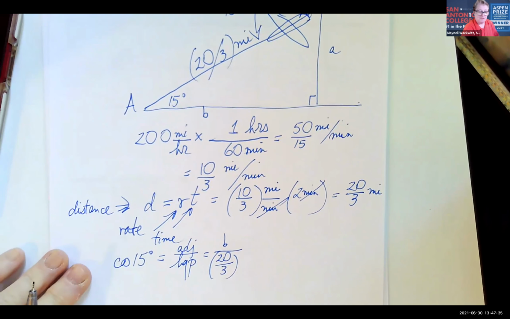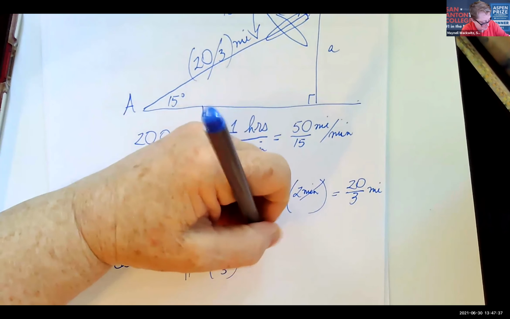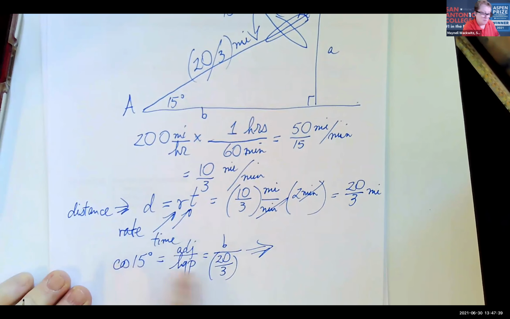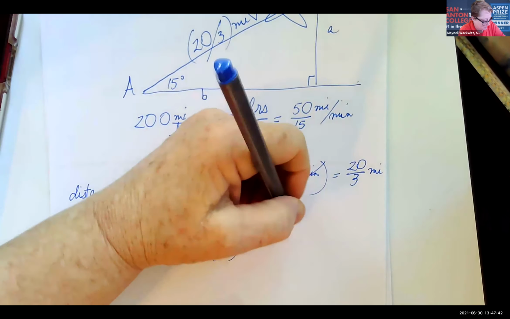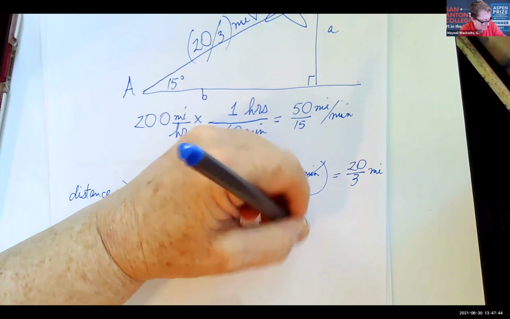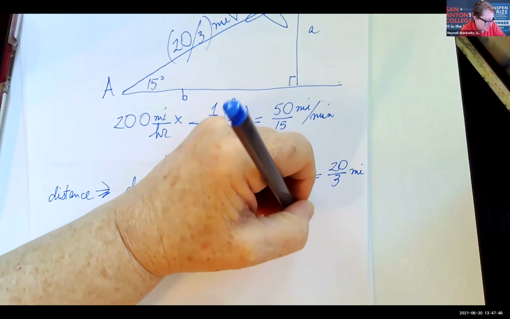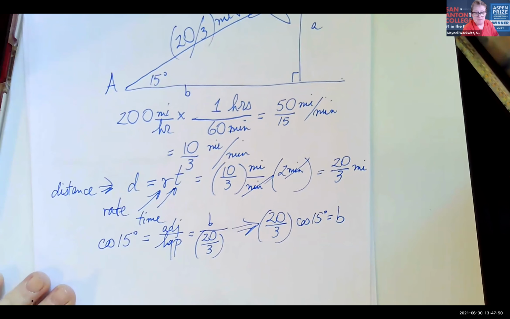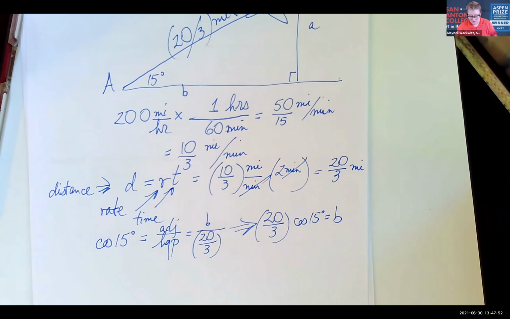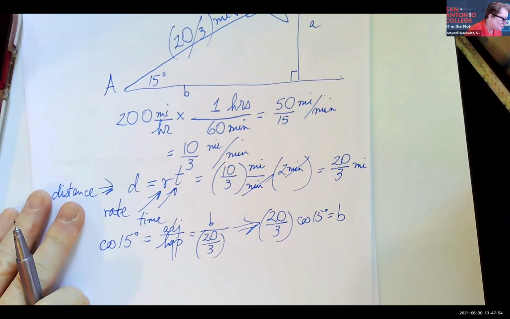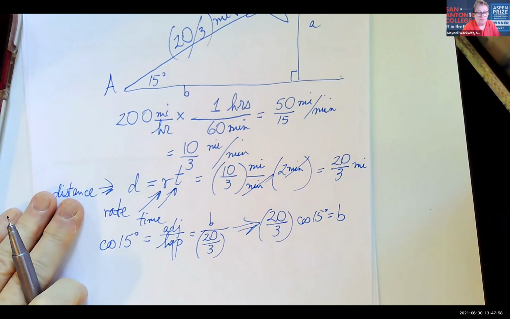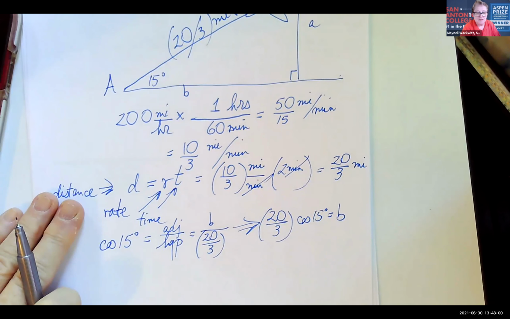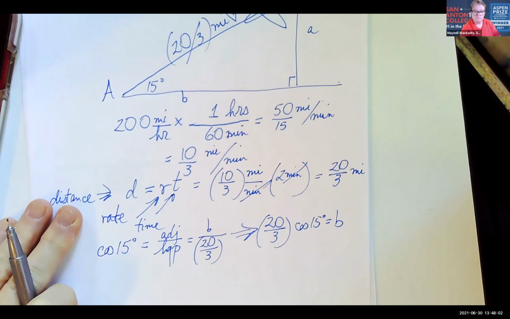So that means to find b, I'm going to multiply both sides of this by 20 over 3 times the cosine of 15 degrees. That'll be b, exactly. And let's find, what does it say? How accurate? Oh, it doesn't say. So let's find the distance to the nearest 1/10 of a mile.